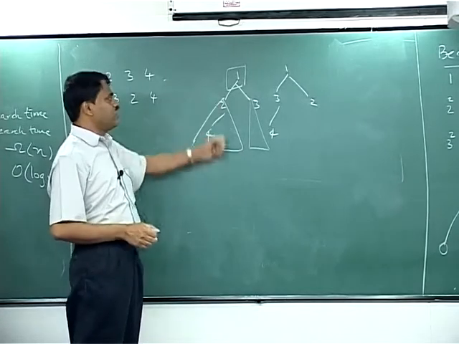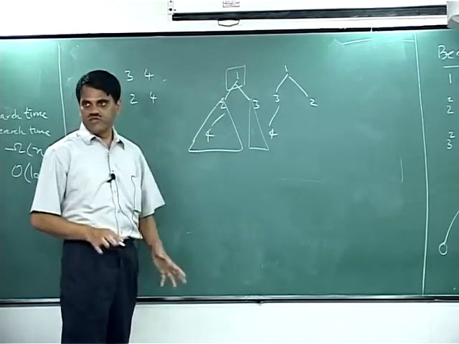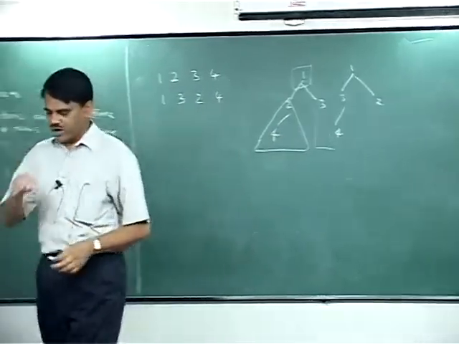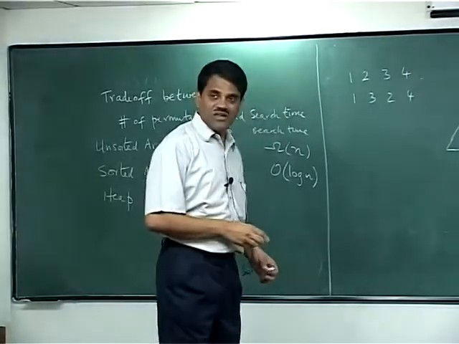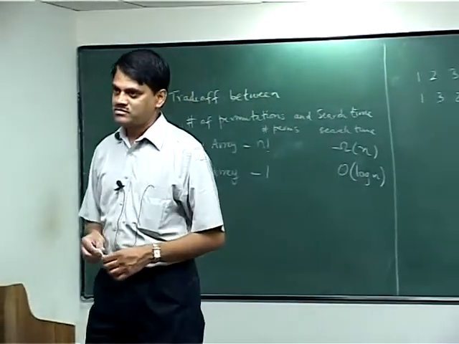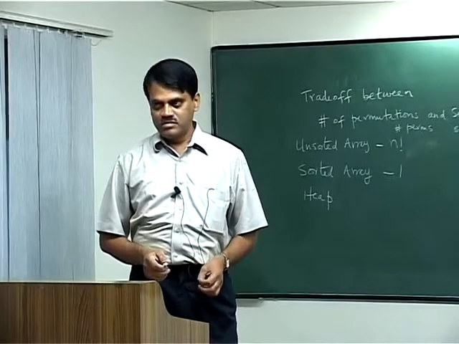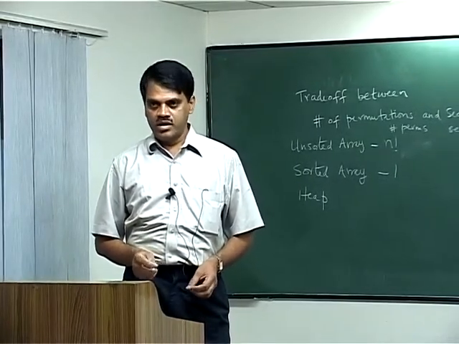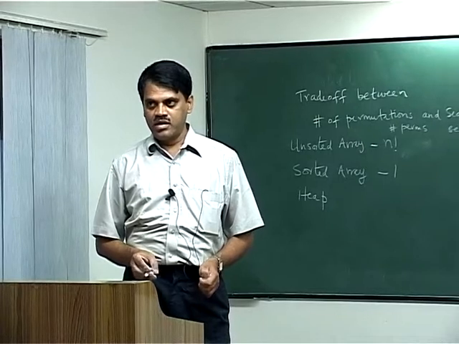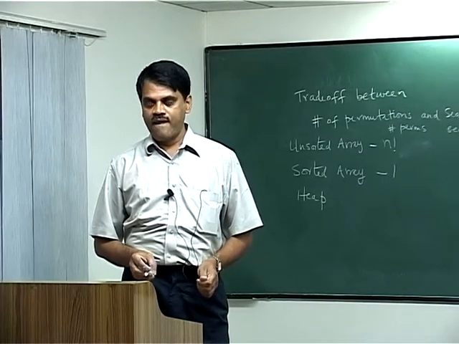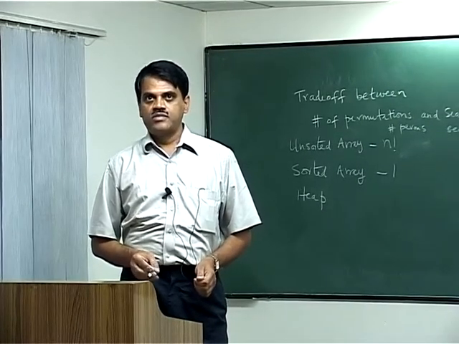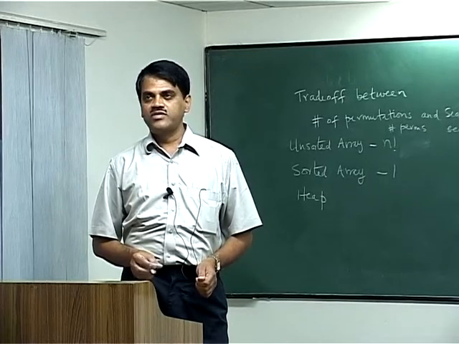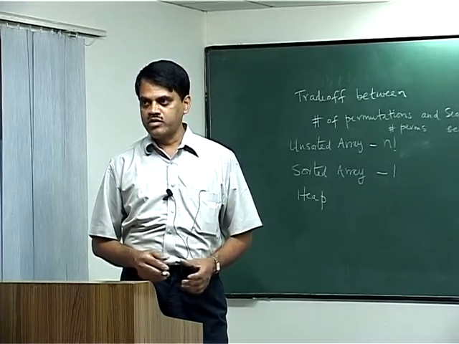The second smallest can be here, or it can be here. So my Tn should be greater than or equal to 2 times T of n minus 1 or n by 2.